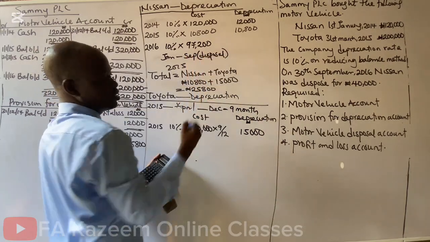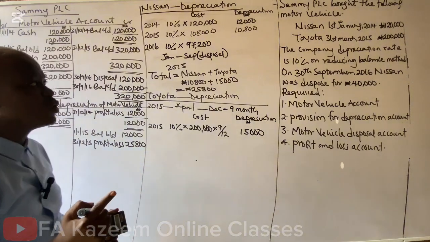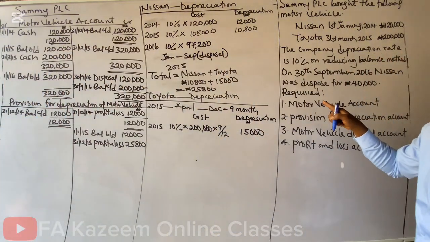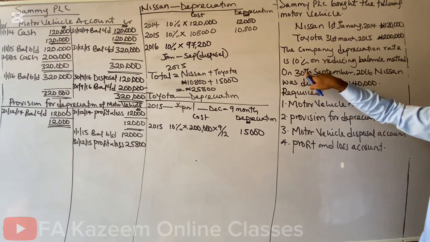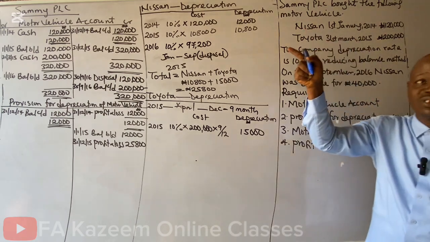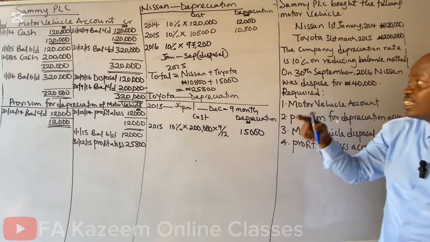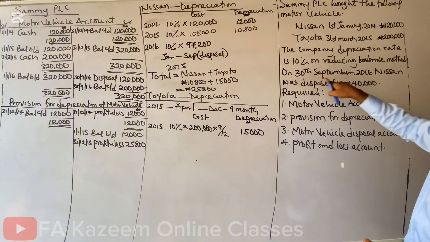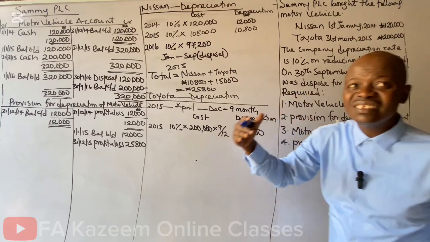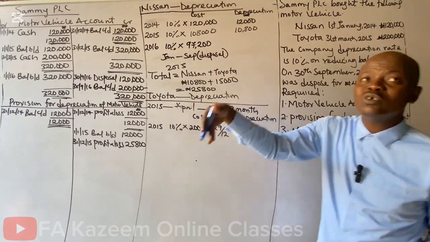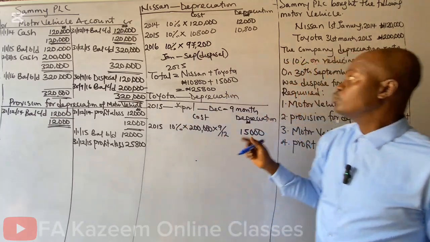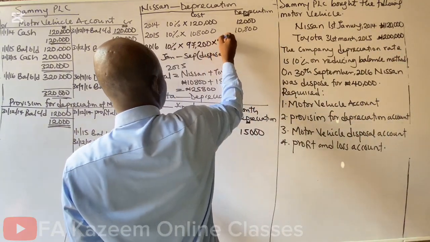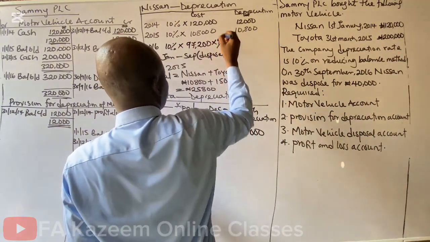In that case, Nissan will not have a full 12-month year, because you don't set aside depreciation for assets that have been disposed of after that month. If an asset was used from January 2016 to September 2016, you only set aside depreciation up to the date of disposal. And up to the date of disposal is January to September. That is times 9 divided by 12.